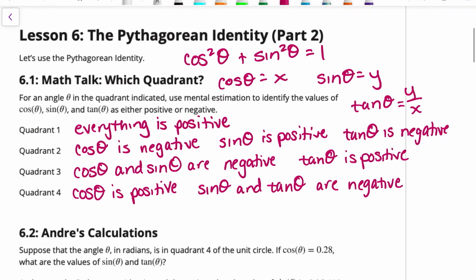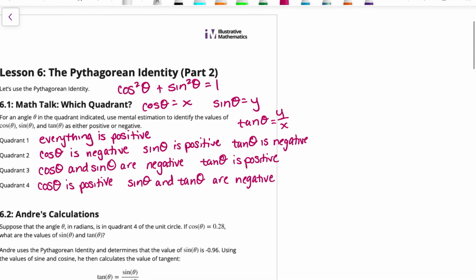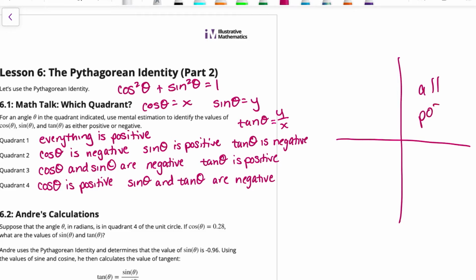One way you can remember that is if you draw the coordinate plane. So you can say all positive in quadrant 1, right? And then here we've got cosine and tangent are negative.